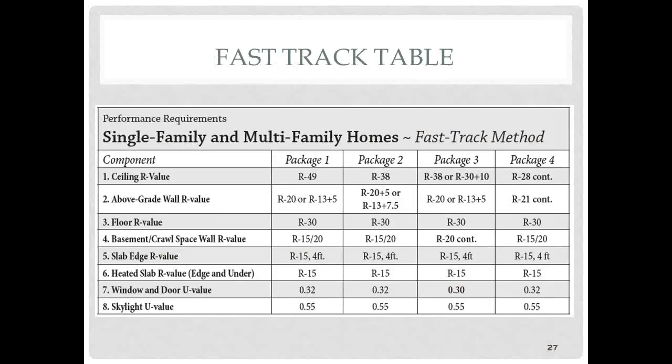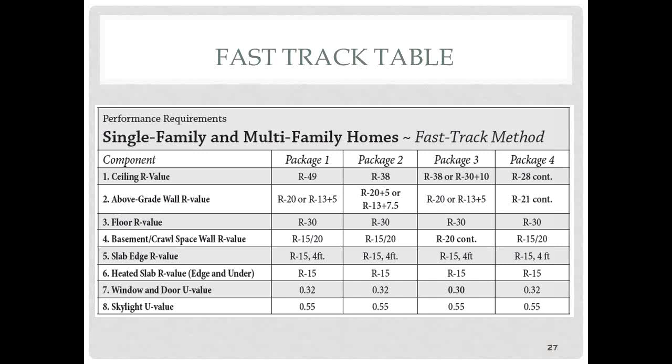This is what the packages look like. There are 4 packages for the non-log homes. You'll see in package 1, you'll see the ceiling R value there. The above grade wall R value you see as R20 or R13 plus 5. The 13 plus 5 refers to R13 cavity insulation and R5 continuous insulation.